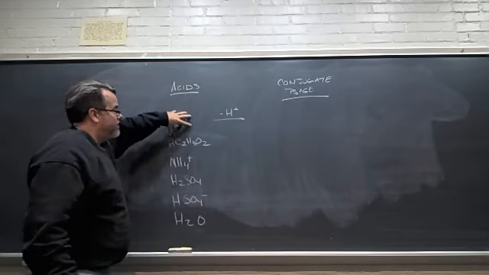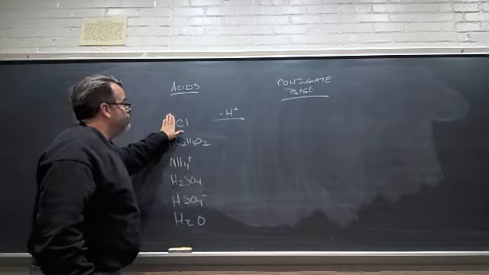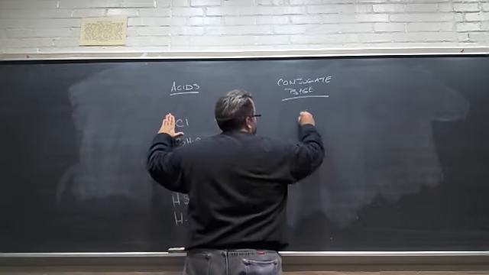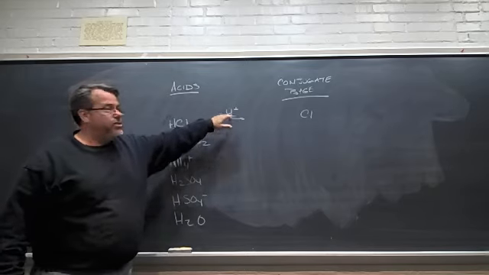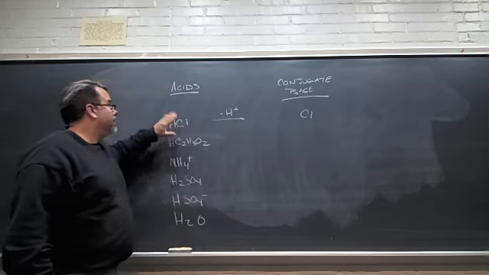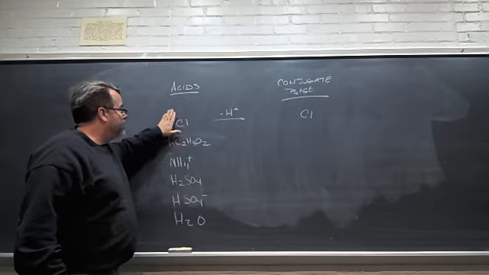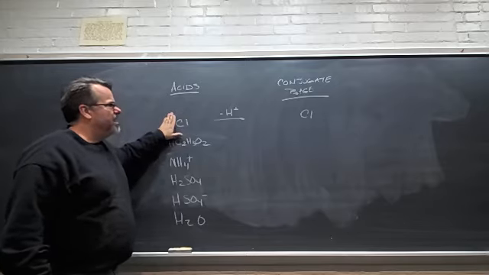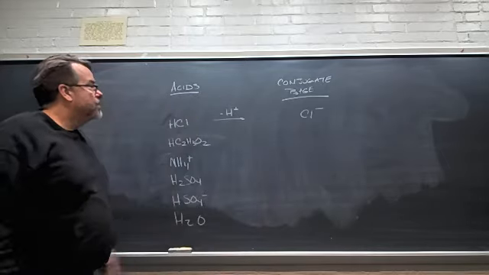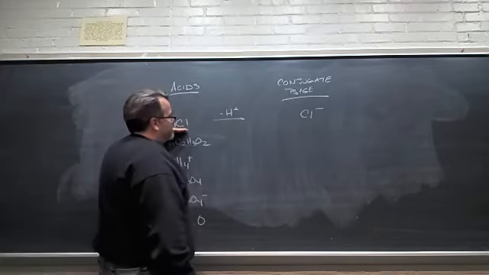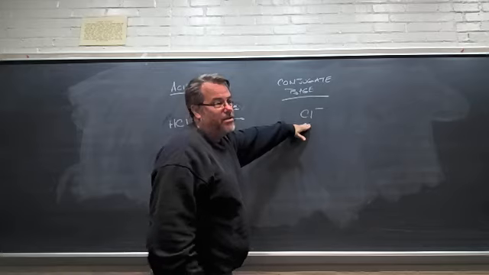So you just need to take this species, remove the hydrogen, okay? And because the hydrogen ion has a +1 charge, you have to change the charge here, okay? So when HCl loses a hydrogen plus ion, it's going to leave a chloride anion. So the conjugate base of hydrochloric acid is chloride.